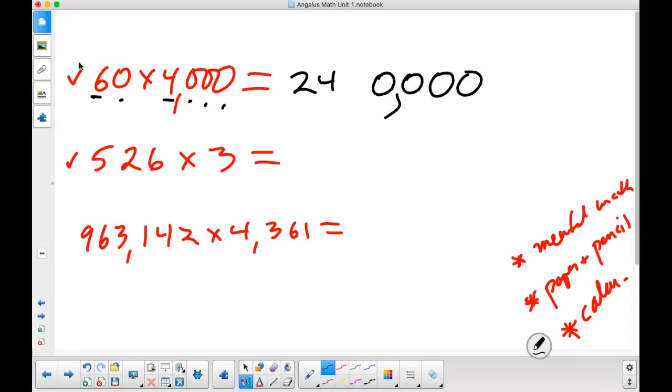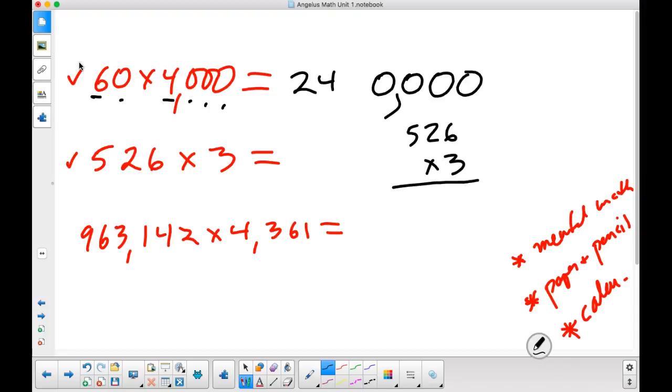Now, which one is something that, if you didn't have a calculator, it wouldn't be the end of the world? 526 times 3. I mean, 3 place values, that's not bad. Sometimes you'll have 5, but you only have 1 place value to multiply by. Okay?